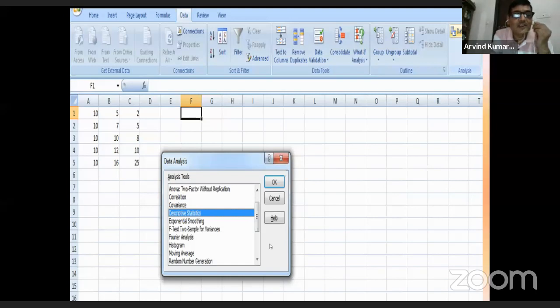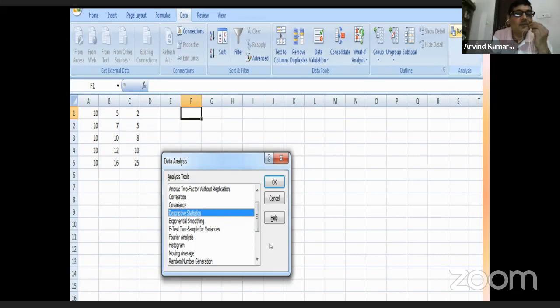Descriptive statistics gives the average values, the standard deviation values, standard error values, range, skewness, kurtosis, all sorts of information, particularly the information needed for further calculations or further analysis. For that purpose, descriptive statistics can be done.